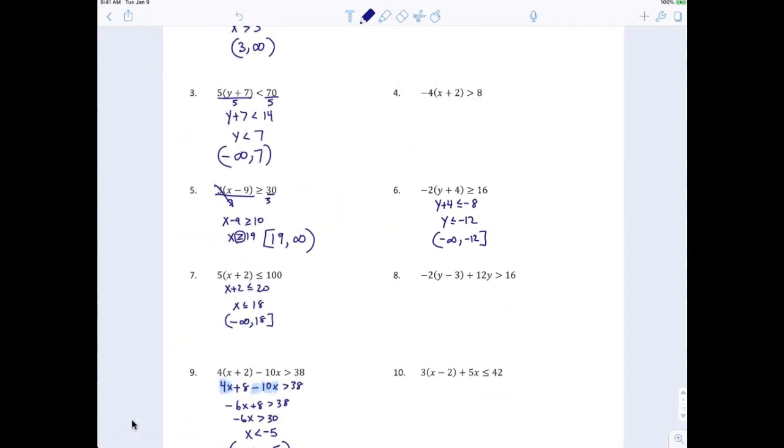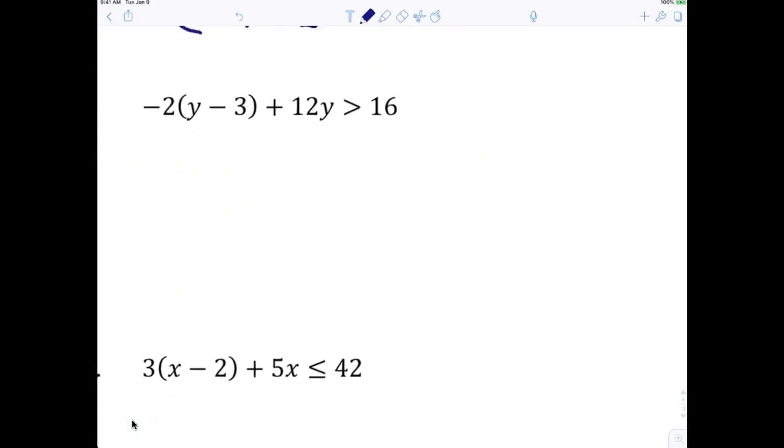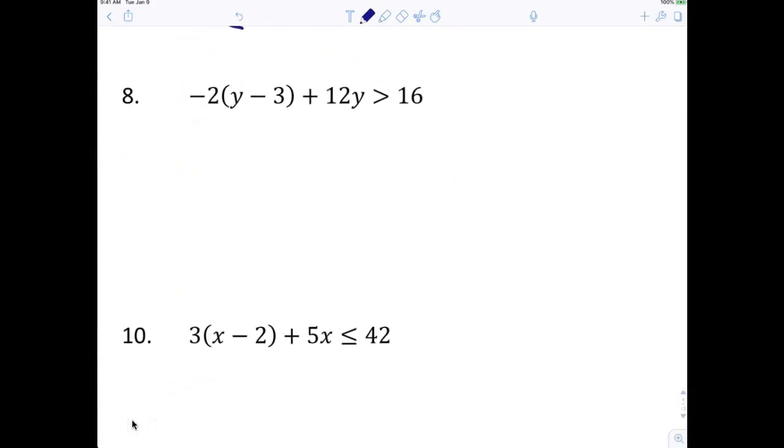Anybody else want me to do another one in particular? Number 8, good. Okay, let's distribute a -2. Now, normally I tell kids I wouldn't really divide by -2, although you could, but you'd have to remember you have to divide this by -2 and this by -2, and then you'd have to change the sign.